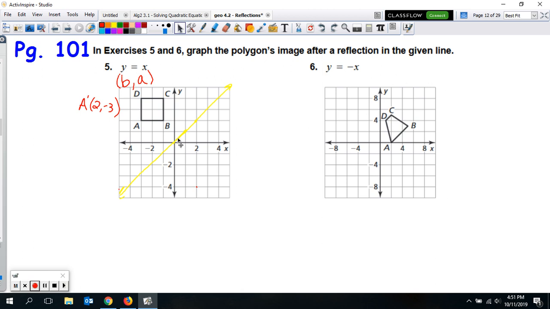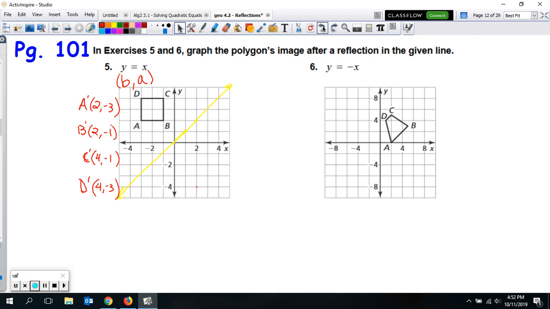And so we'll do that for B prime. For C, that is -1 and 1, 2, 3, 4. So -1, +4. So then go backwards, +4, -1. So we're just switching the places. So 4, -1 for C prime. And for D, that's going to be at -3 and +4. So +4, -3 for D prime.